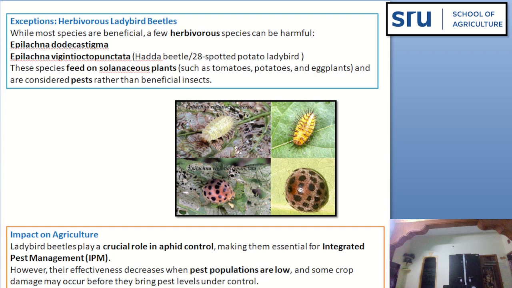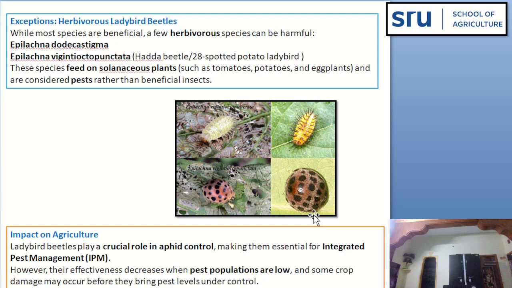Here one exception is there. All ladybird beetles are not predators. While most species are beneficial, a few herbivorous species can be harmful. These harmful species include Epilachna dodecastigma and Epilachna vigintioctopunctata, that is Hadda beetle, 28-spotted potato ladybird beetle.